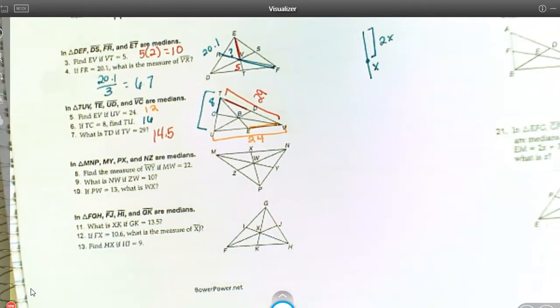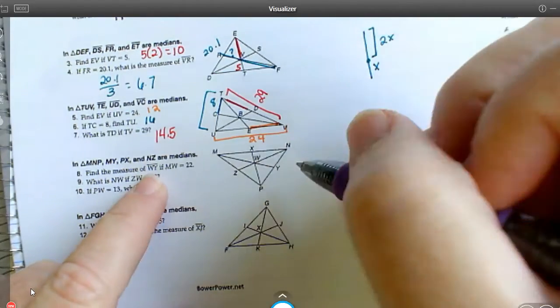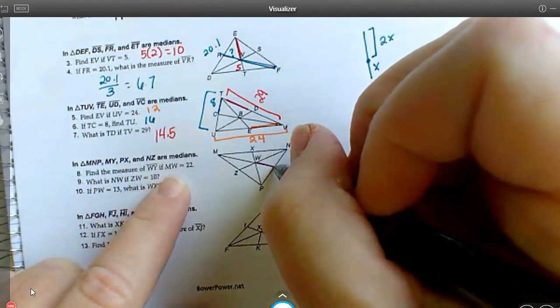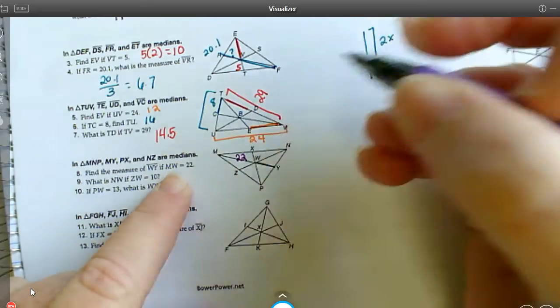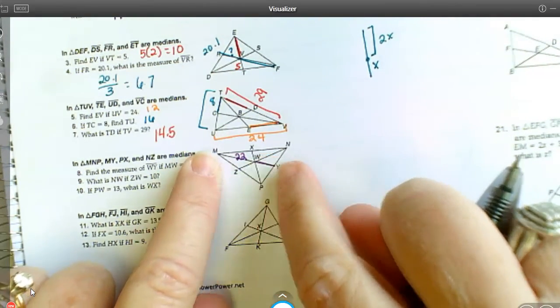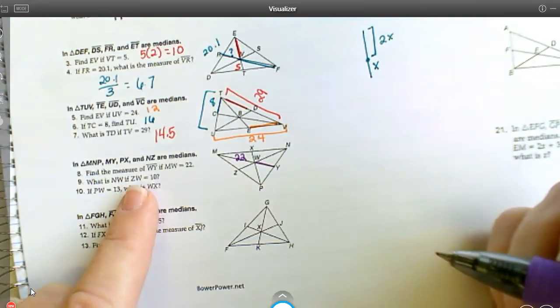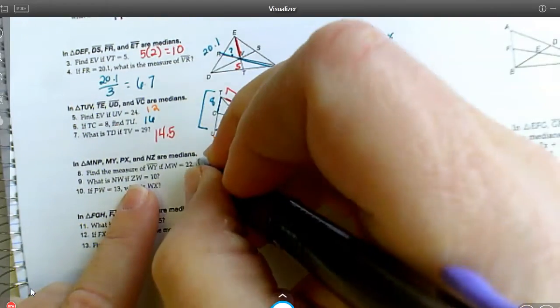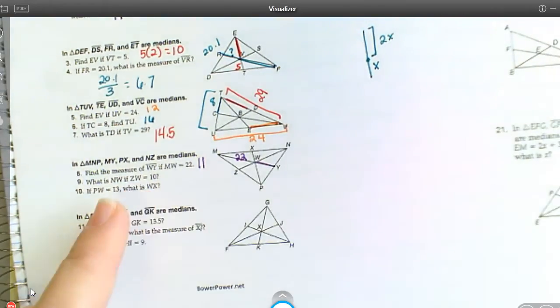Okay, let's look at 8, 9, and 10. Find the measure of WY if MW is 22. That's the part that's twice as long, so what would be WY? Divide it by 2, so you get 11. Okay.